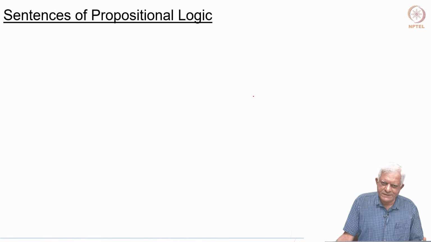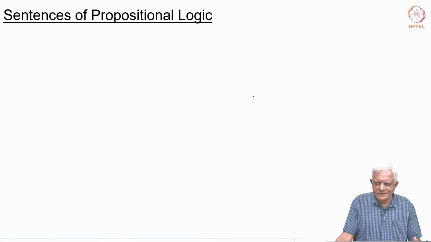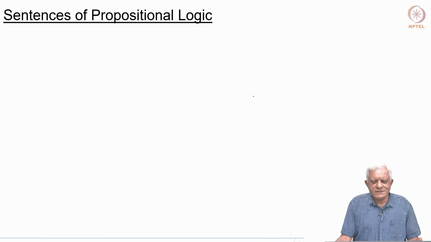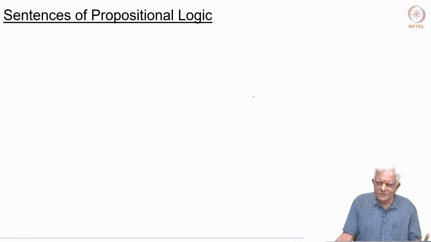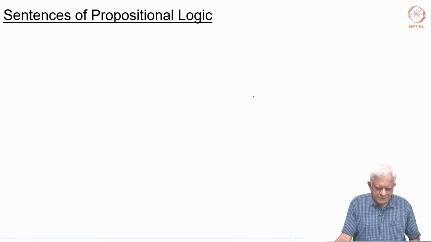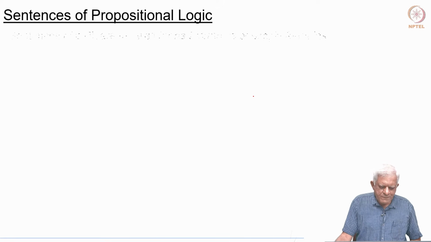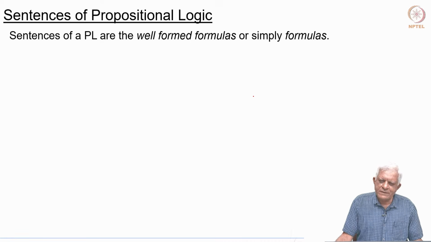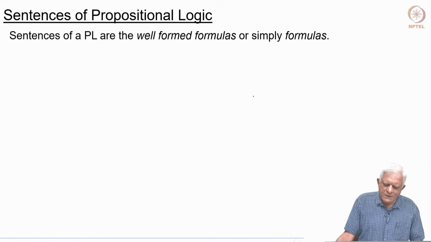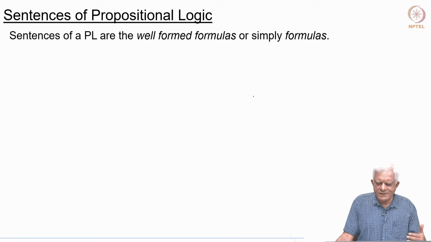Now, we are talking about sentences. Remember that logic is concerned with sentences, and sentences are something which are either true or false. In terms of formal languages, we say that these are formulas or well formed formulas, which means that they are formed using the set of rules that we are going to describe just now.